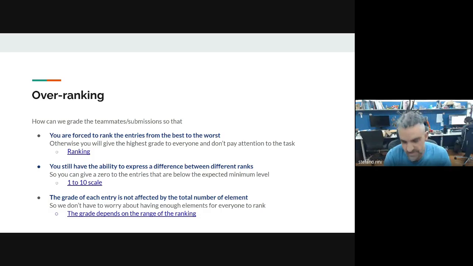So the first year we just let people give a score between 1 and 10 to the teams, and it happens often that everybody will give 10 to all the teams, because students feel bad giving a low score to some teams, right? They will not want some of their friends or colleagues or schoolmates to get a low grade because of their responsibility, right? So they give a 10 to everybody.